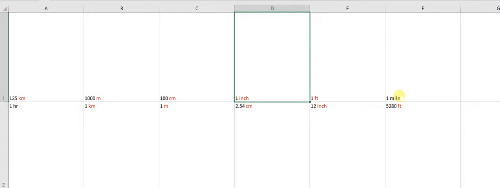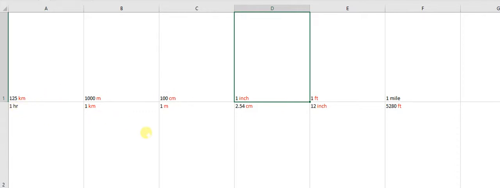We then take that number and divide it by the number that is found when we multiply 1 times 1 times 1 times 2.54 times 12 times 5,280. If you get those two numbers and run this just as a division, so number A, whatever number you get up here, divided by number B, whatever number you get down here, that will give you a number which has units of measurement of miles per hour.